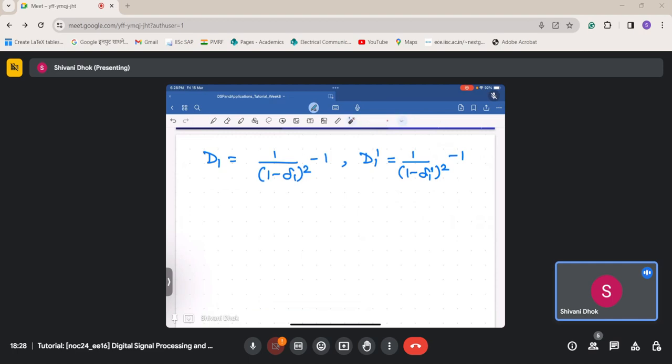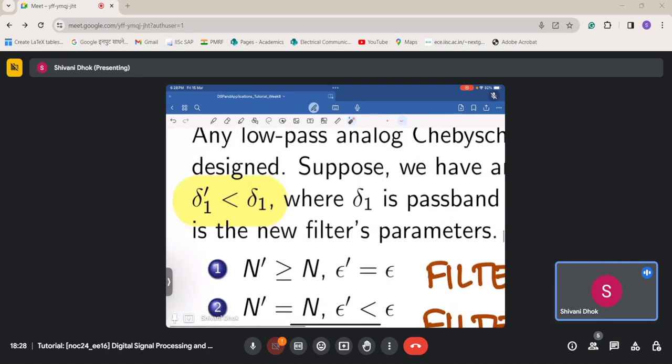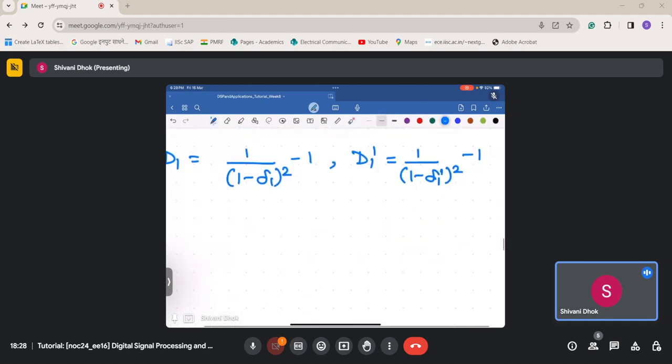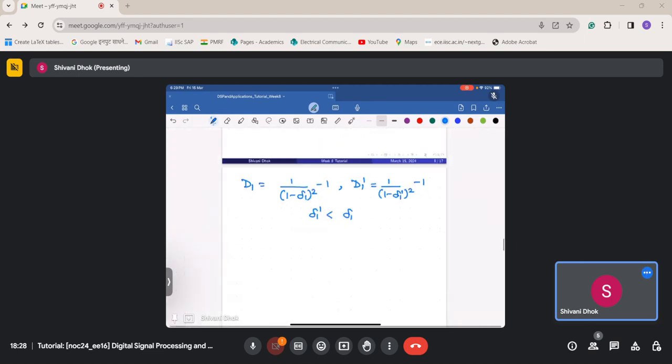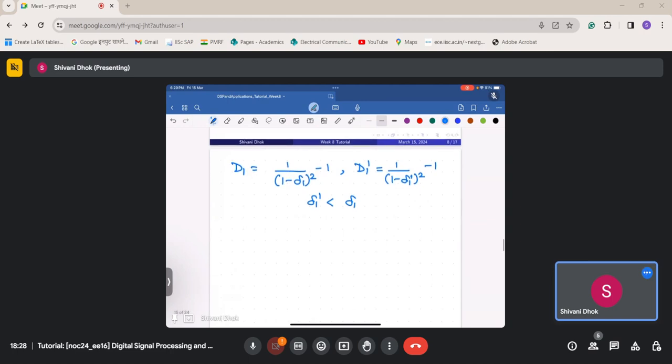Now both of these are functions of delta 1 and delta 1 prime, and we have been given a relation between them. We know that delta 1 prime is less than delta 1. This is the knowledge we have.